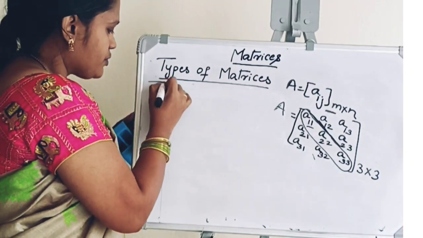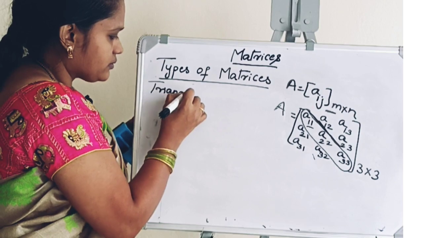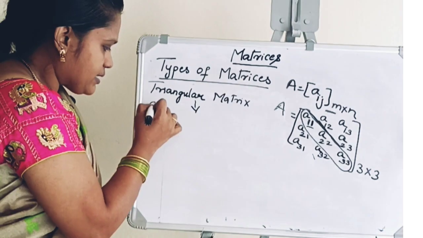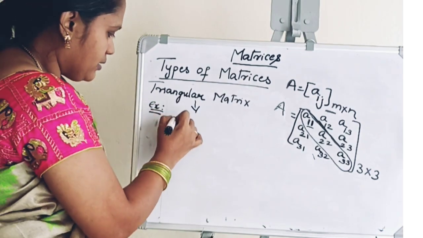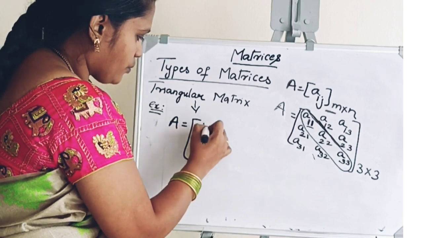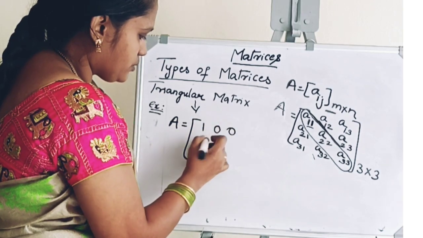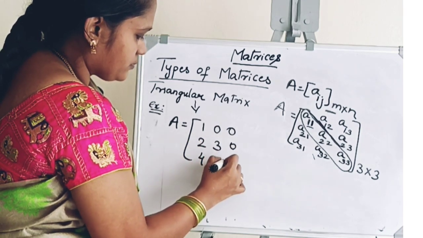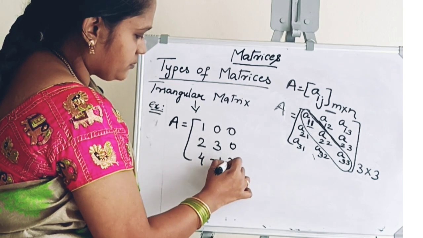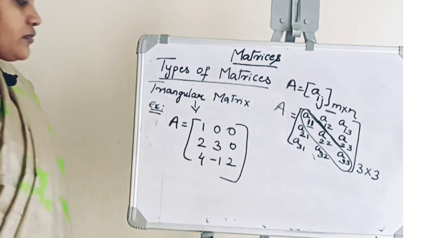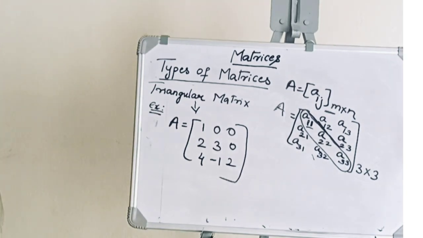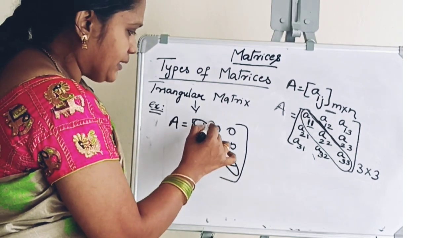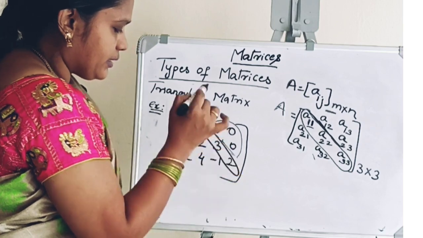Now triangular matrix. Consider an example. If I take 1, 0, 0, here this is the principal diagonal, and other than the principal diagonal elements, these entities are 0.